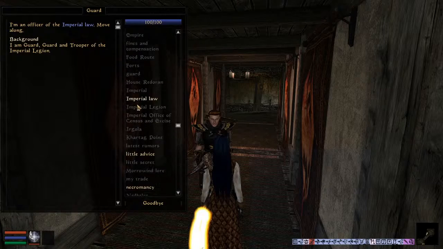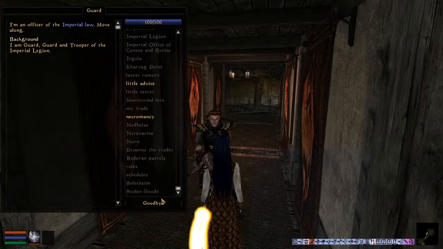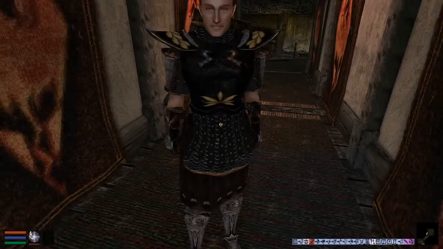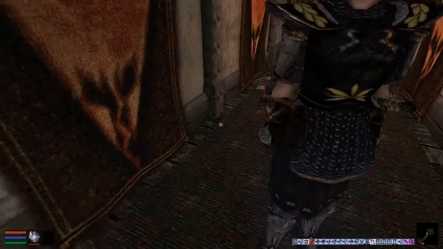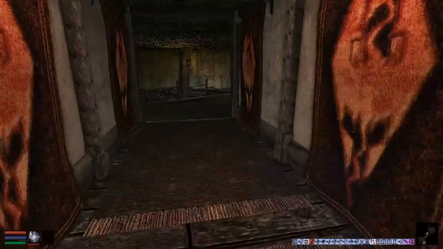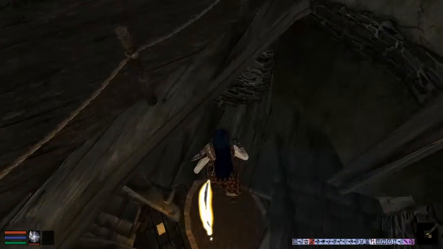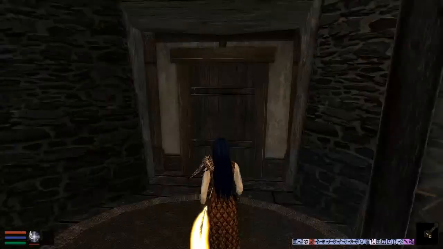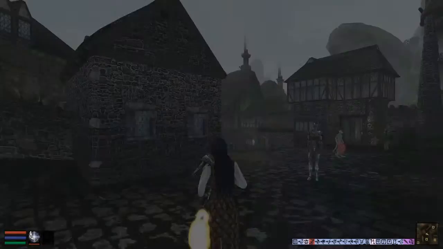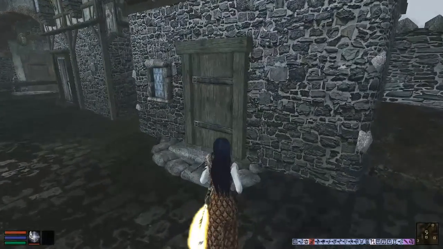I was looking for some hint about these orcs running from the gods, but I'm not telling anything about it. So let's see.